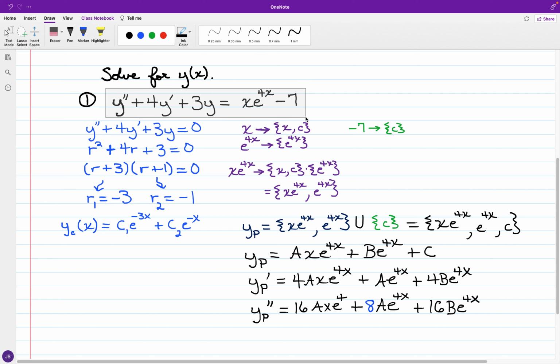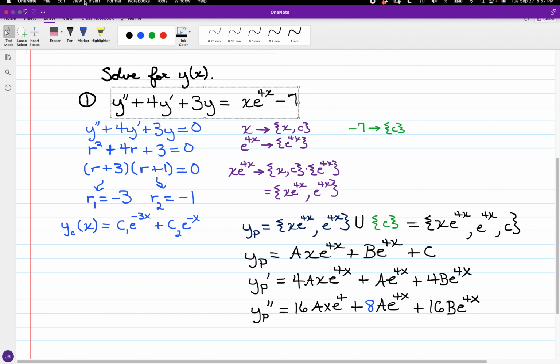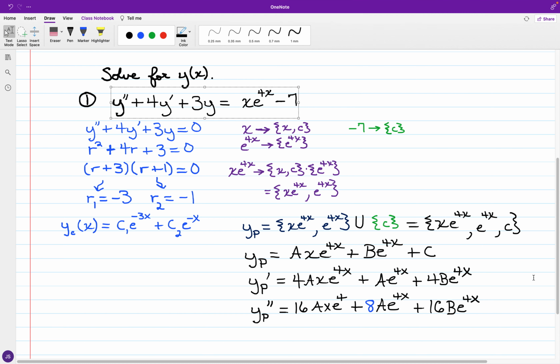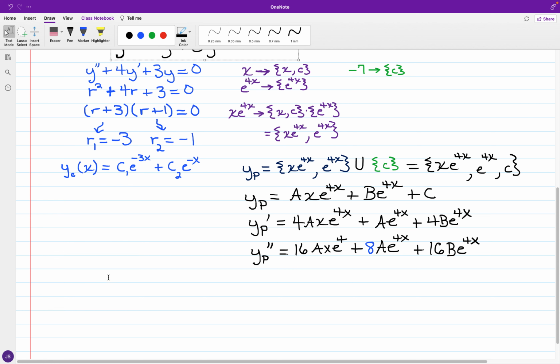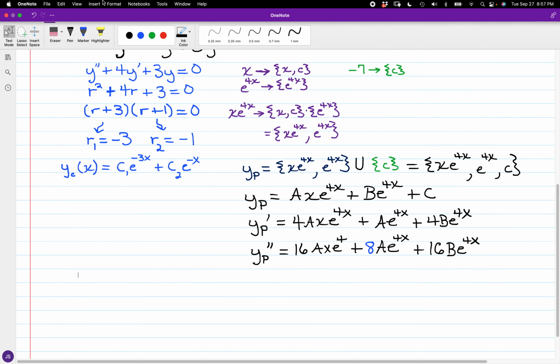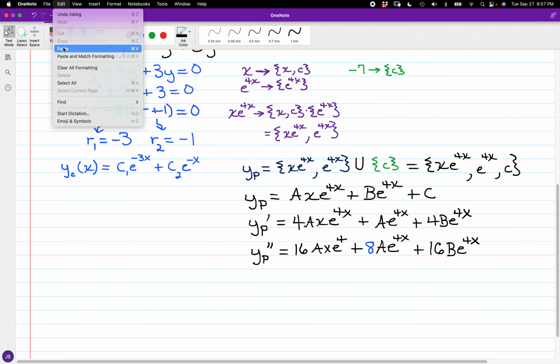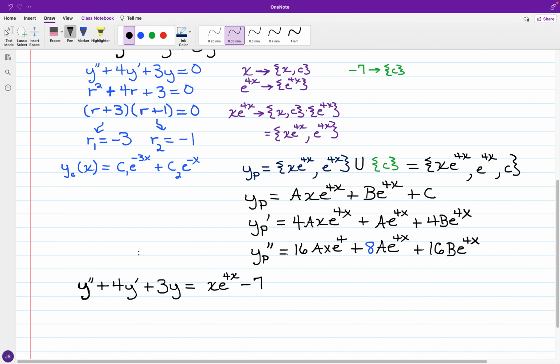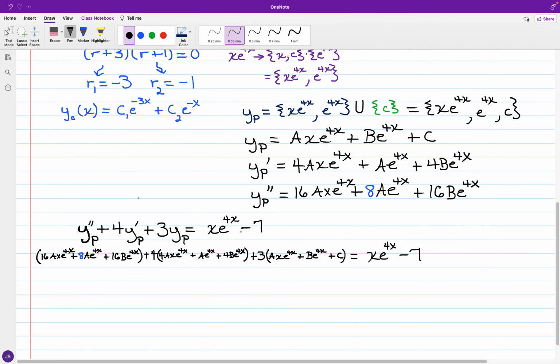Just looking at the layout, taking what we have from the original equation, in terms of y sub p, we can say we have y sub p double prime plus 4 y sub p prime plus 3 times y sub p. For y sub p double prime, you have 16axe to the 4x.